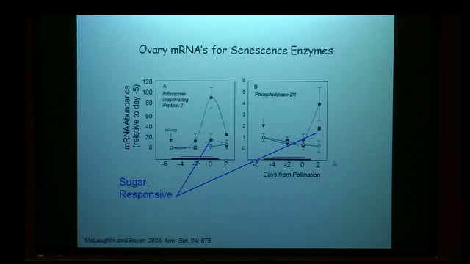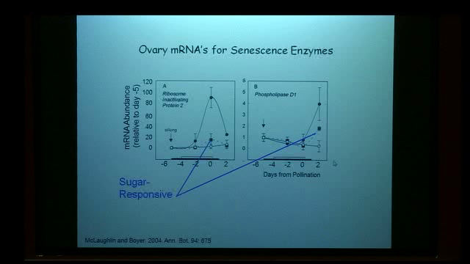And what we see here are 2 examples of senescence genes among 4 that we looked at. These 2 showed upregulation in contrast to the downregulation that we saw before, indicating that there's active involvement of the genome in the abortion process and the irreversibility of it.